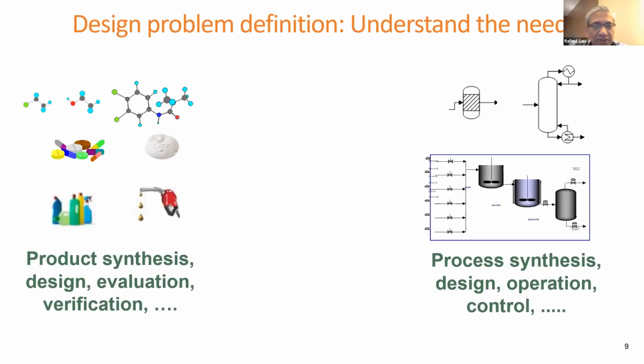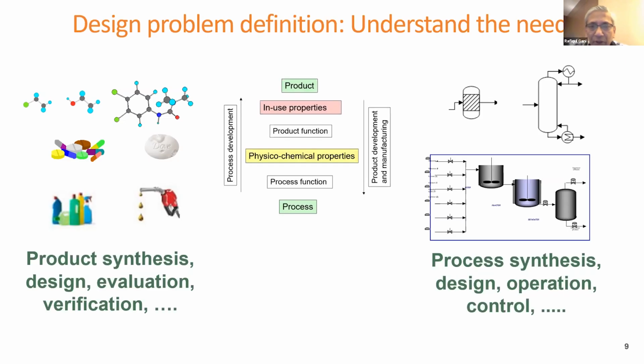What the figure shows is, on one side, product synthesis on the left, where you see different examples of product, and on the right, process synthesis, where you see different examples of the stages. That is unit operation, a more detailed unit operation, a collection of unit operations in the flow sheet. Common to both of them, right in the middle, is a set of physical-chemical properties, because we are dealing with chemicals.